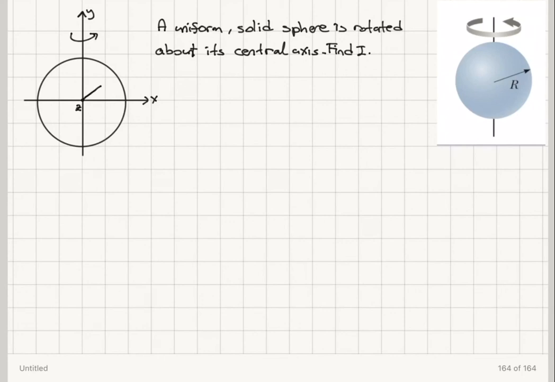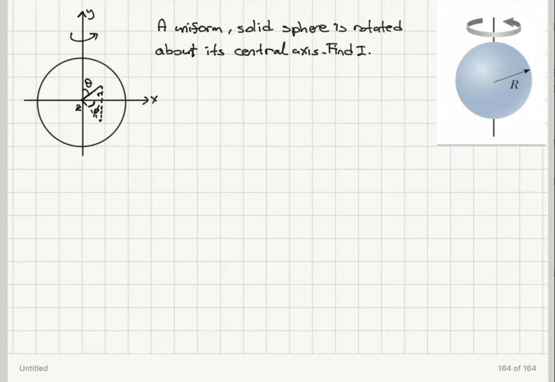So I go to a small distance r. This is at an angle theta, and its projection onto the xz plane here is going to be here, making an angle phi with the x-axis.